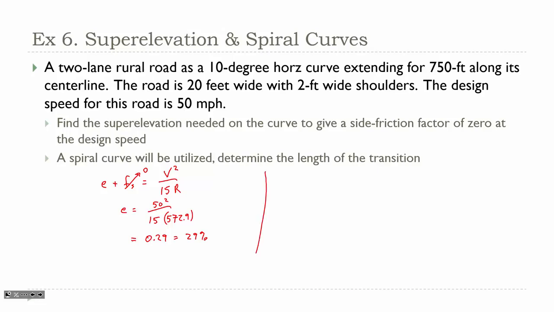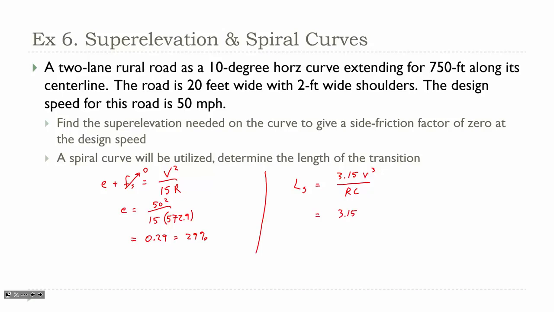All right, so spiral curve, so L sub S is equal to, what was it? V cubed over... So C we'll assume is 1.